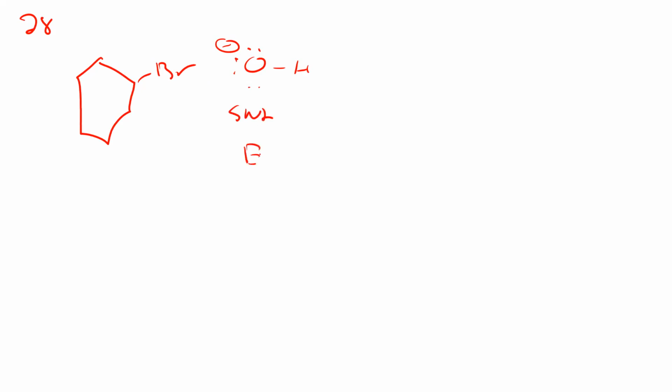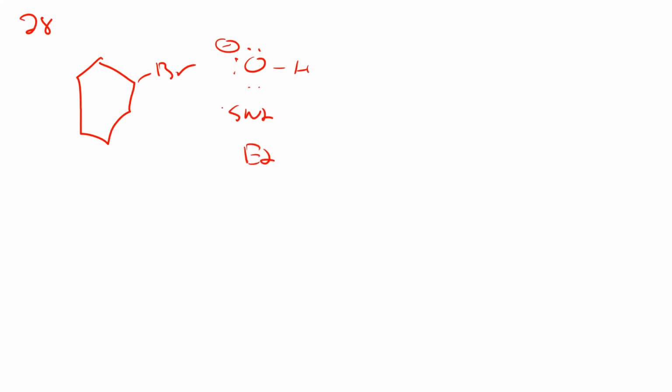Let me switch the slide. I have an alkyl bromide. We're going to react it with some type of hydroxide. What are the possible reactions that we can have? Well, we can have an SN2 and we can have an E2.